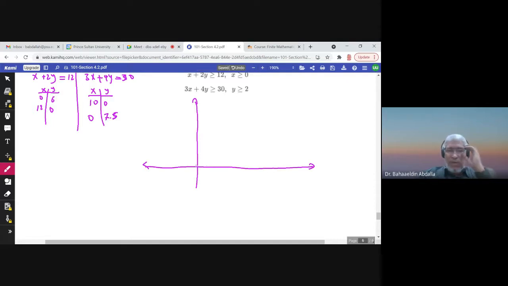Now, 0, 7.5, and 10 and 0. So this is the first line, and 12, 0, 0, 6.